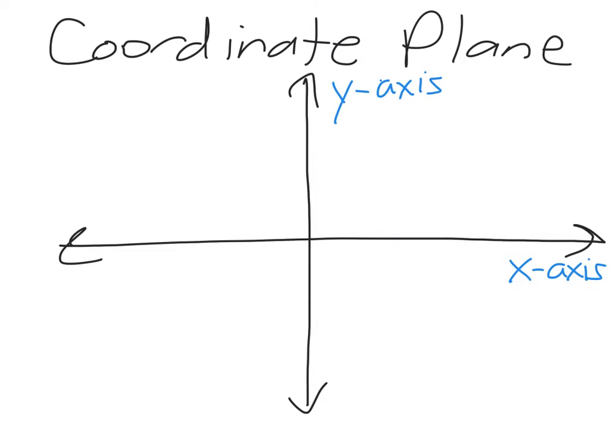Now this is going to get a little bit tight, so let's do that. The x and y axis break things up into four quadrants. This is known as Quadrant 1. And we use the Roman numerals to identify what quadrant it is.